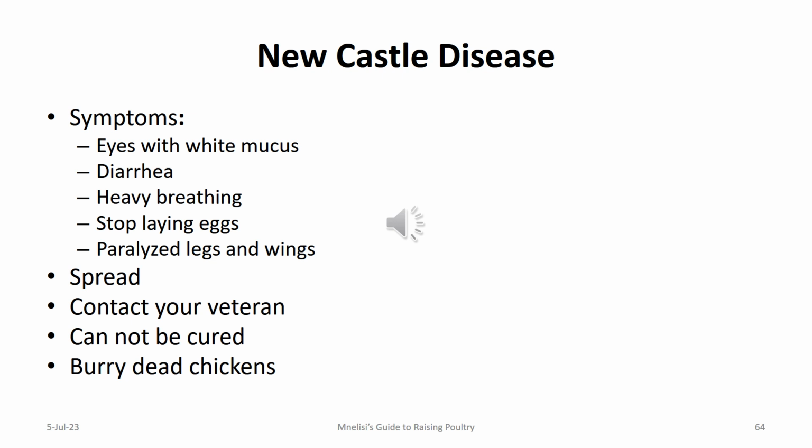The symptoms will be as follows: white mucus on the eyes, diarrhea, heavy breathing, layers will stop laying, and a chicken will be paralyzed in both legs and wings. This disease can spread from one chicken to another. This disease cannot be cured. If you find yourself facing this disease, please bury all your dead chickens and contact your veterinarian.